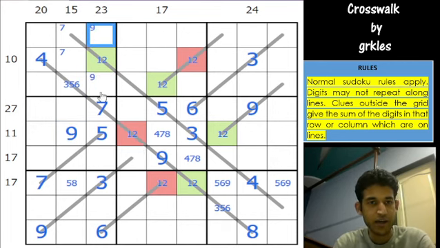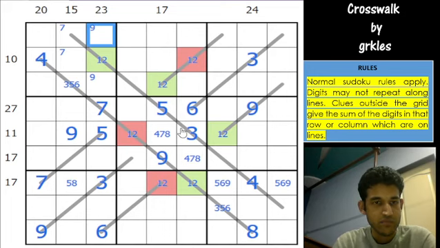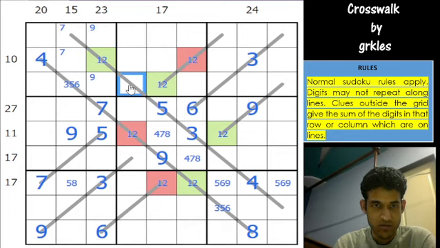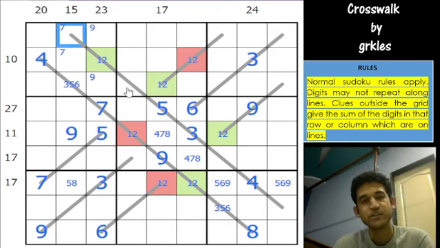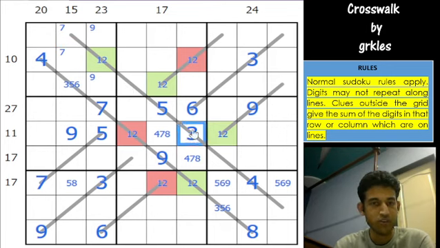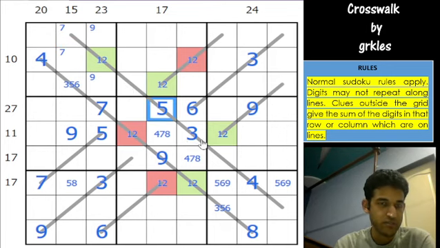I get a pointing pair of 9s. This line is suddenly appearing really interesting. I have 1, 2, 3, 4, 5, 6, 7, 8, 8 cells, out of which 3, 4 and 5 are already on the line.